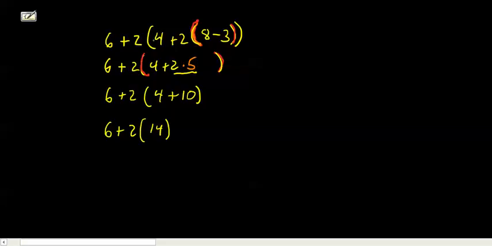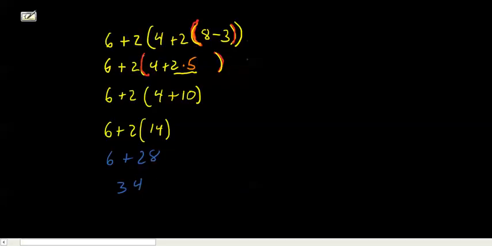Now, a common mistake that people make, a very common mistake, is they add those numbers before they do anything. Don't, because this is 2 times 4. All right? Now we do the 2 times 14, 6 plus 28, which gives me 34.